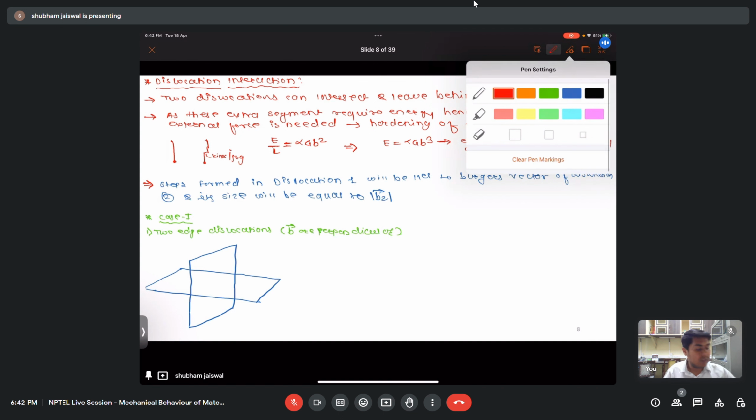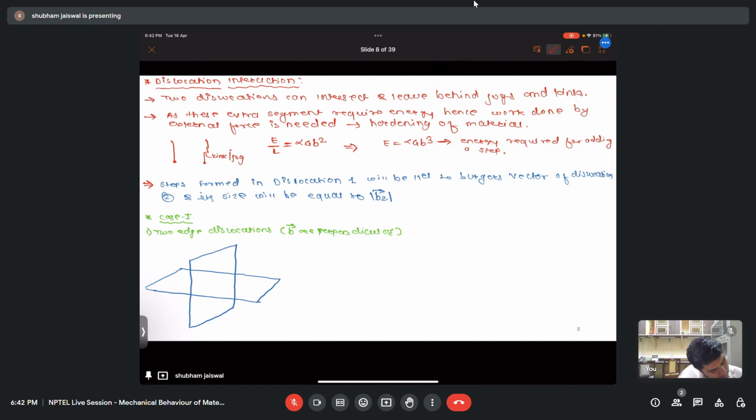Let's say these are my two planes. This is my first edge dislocation and it has Burgers vector b1 in the downward direction, and here I have my second edge dislocation, moving in this direction.